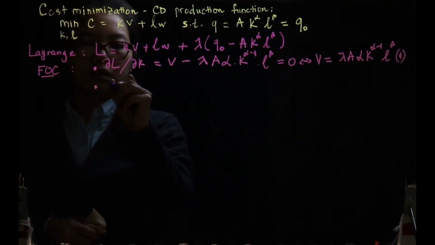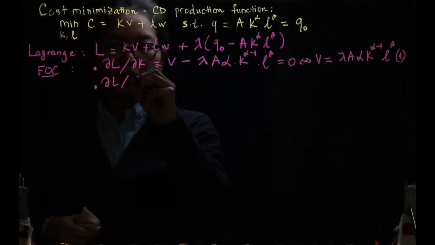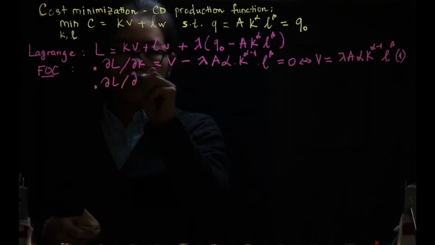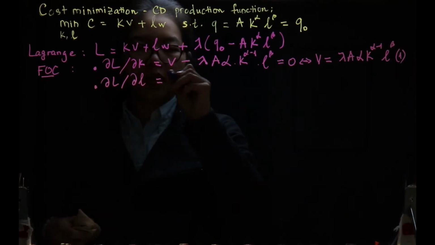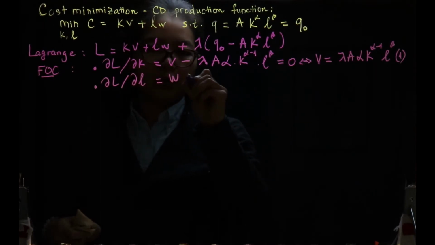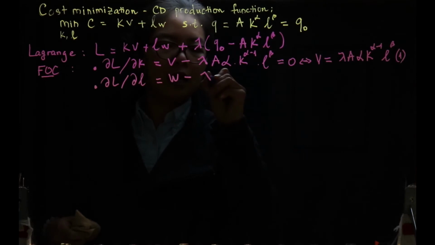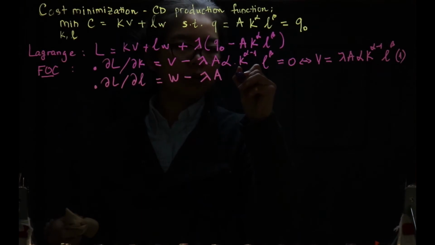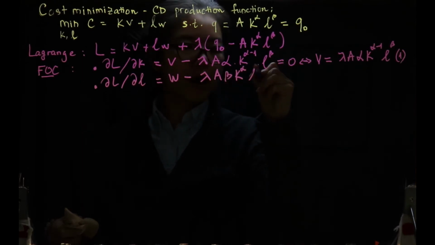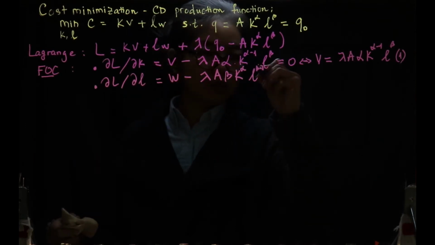The second one is the partial derivative of the Lagrange with respect to labor, L, right? Now, the first term KV has no L, gone. The second, we have W left, right? Minus lambda, very similar to above, A, K to the power of alpha stays the same because it's now constant, L to the power beta, so beta times L to the power beta minus 1, right?